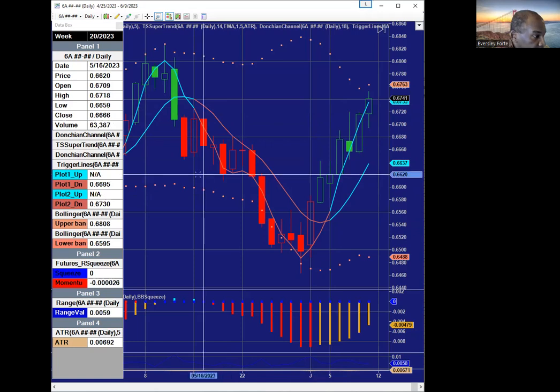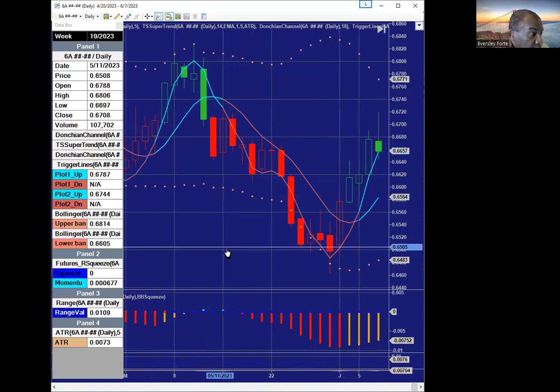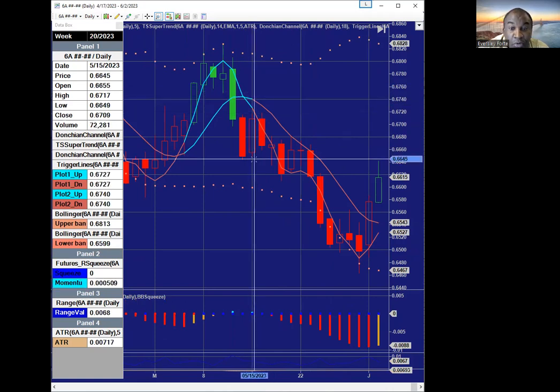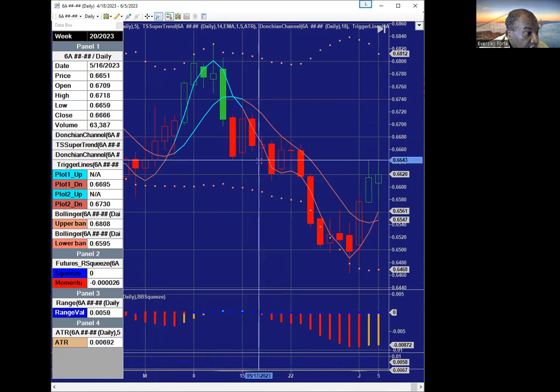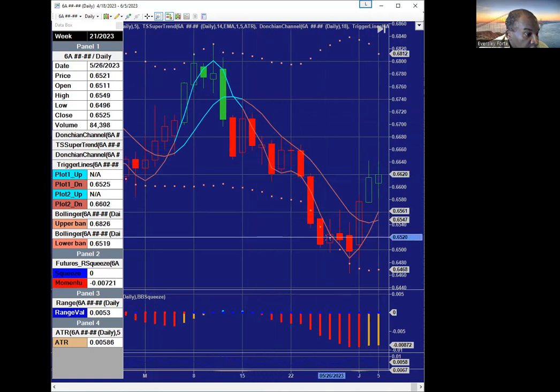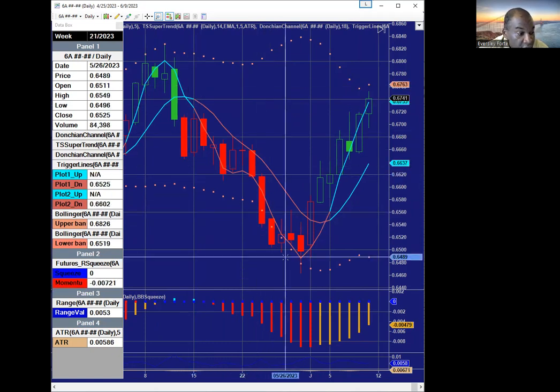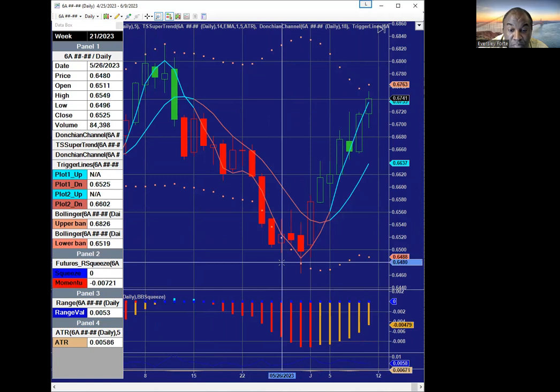All right, so what we're looking for is when the two lines cross down. That's our setup. You're going to see all these candles red and all these candles green. It doesn't matter if it's an up day or a down day, there's an indicator loaded onto this chart which will color the candles red or green, giving them a bullish or bearish bias.